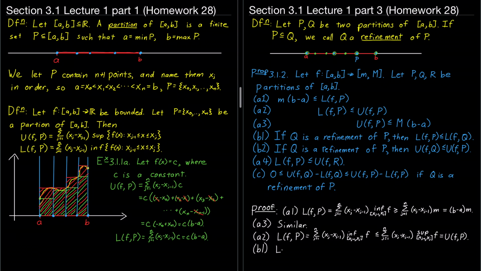So let's let P be x naught up through xn, and Q is y naught up through ym. And let's remind ourselves what a partition looks like.